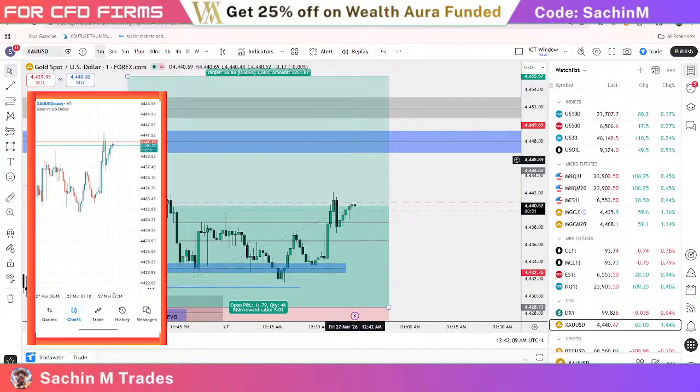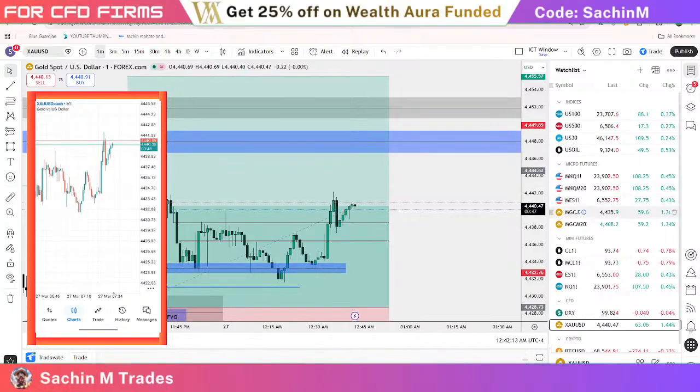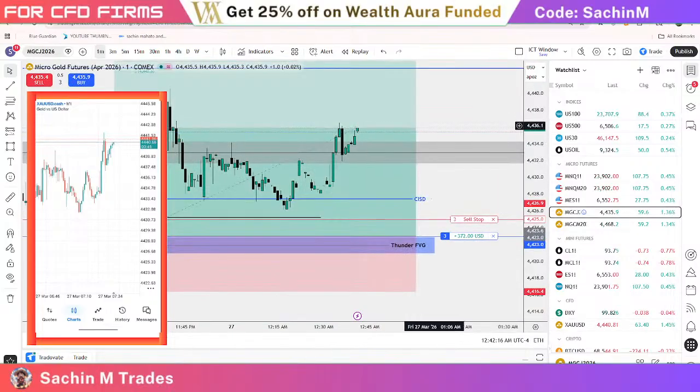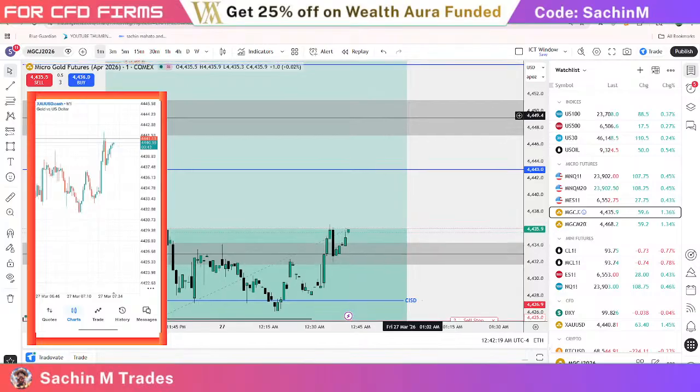Our next resistance level is this area, and on NQ, here is that area.